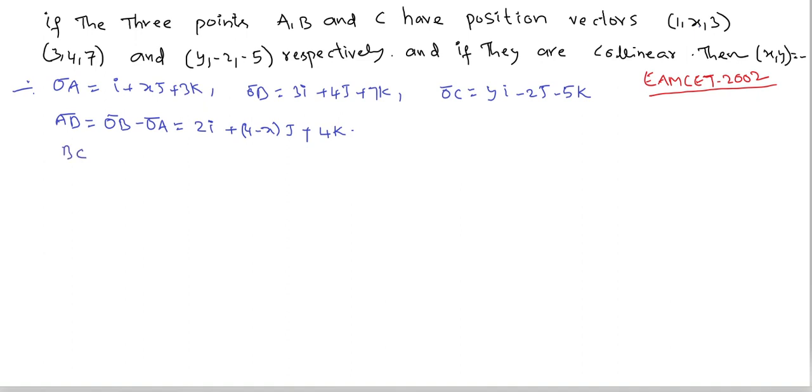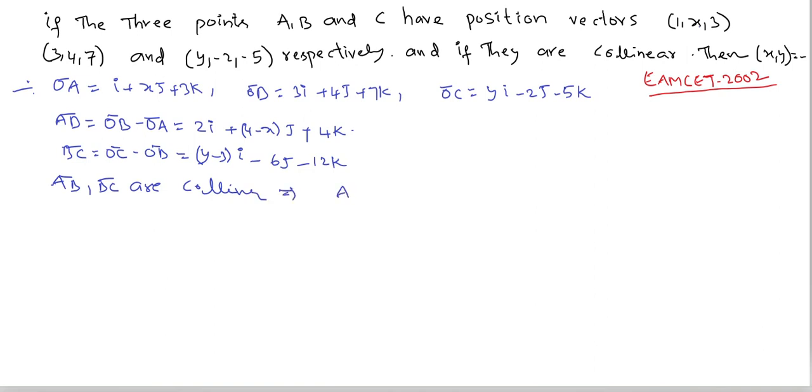BC bar is equal to OC bar minus OB bar, that is (y minus 3) into i bar, minus 2j minus 4j, that is minus 6j, plus minus 5k minus 7k, that is minus 12k. That means AB bar, BC bar are linear.